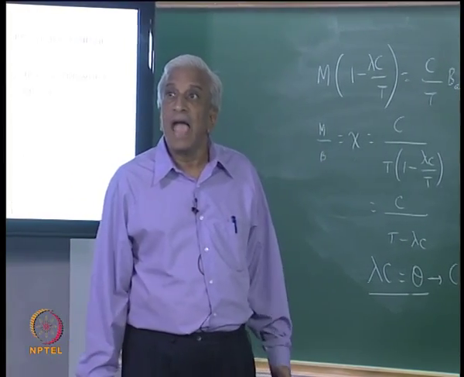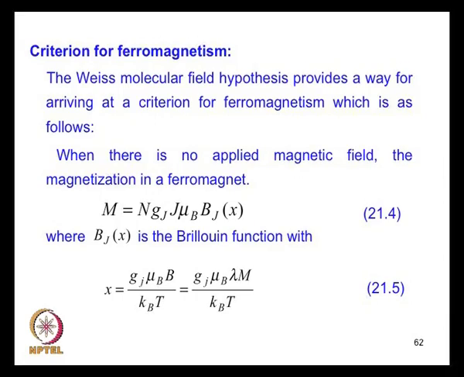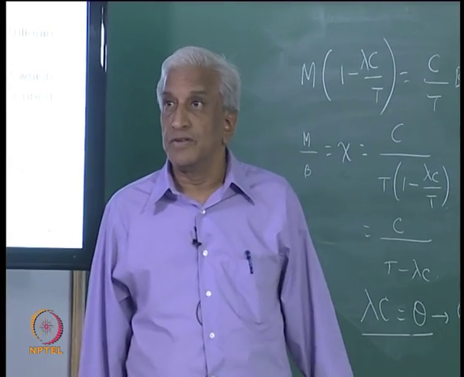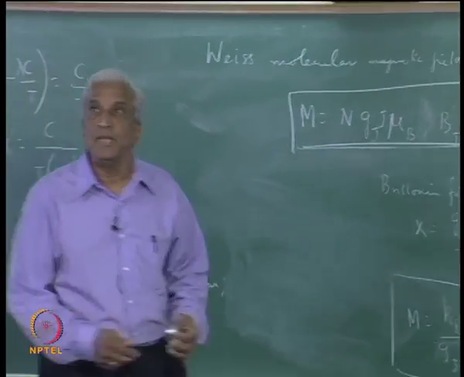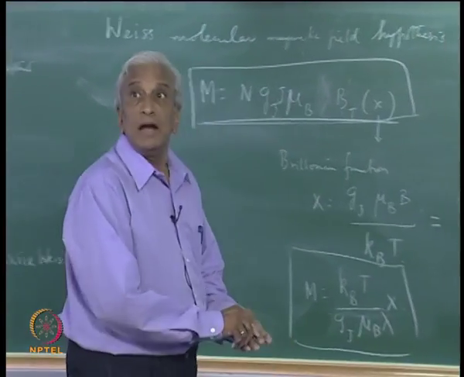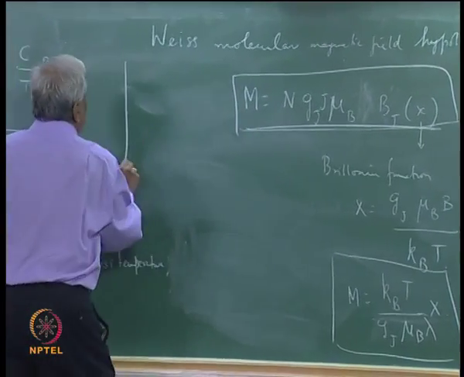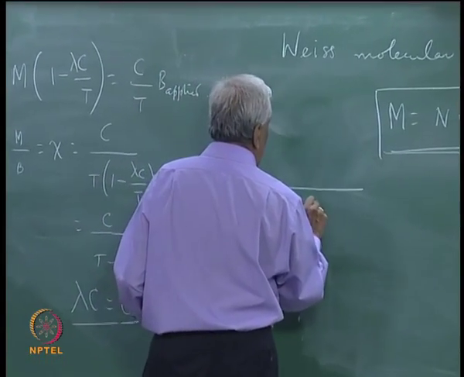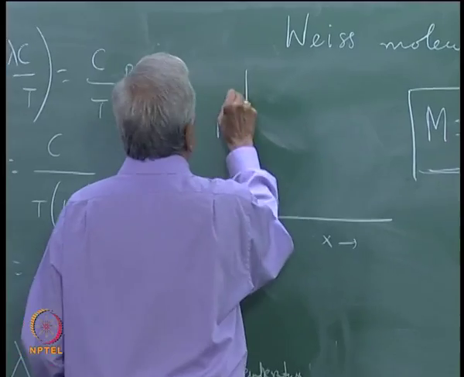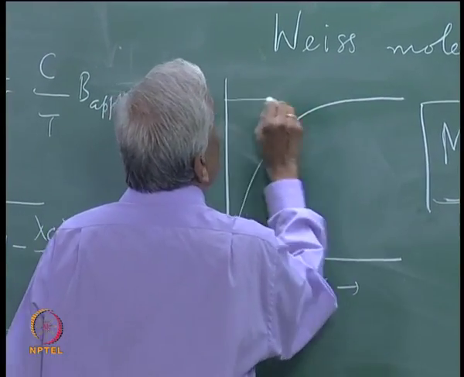So, we have to solve both these equations simultaneously in order to obtain a solution for the magnetization. We do this by means of a graphical method. If we plot m versus x, it is going to be a Brillouin function dependence, which we have seen already.